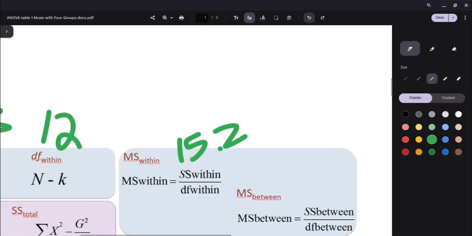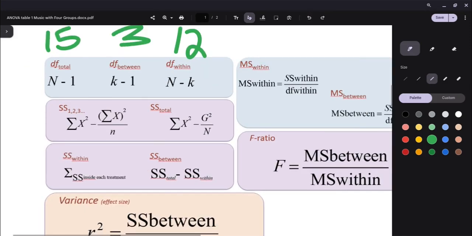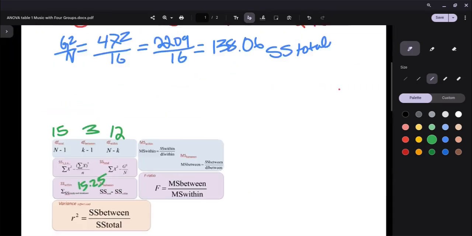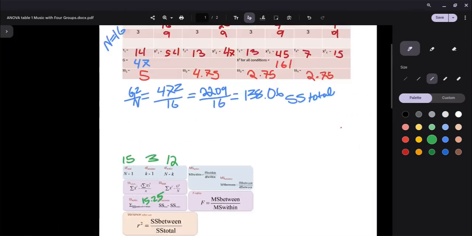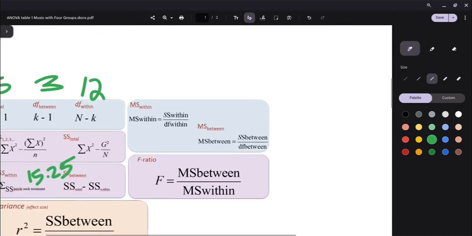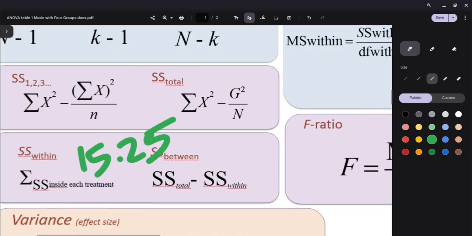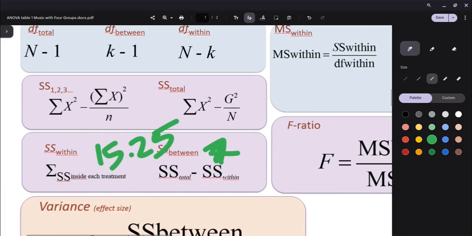Let me put that where it's supposed to be, actually. SS within. And then our SS between is going to be our SS total minus our SS within, which will be 22.94 minus our 15.25, which will be 7.69.